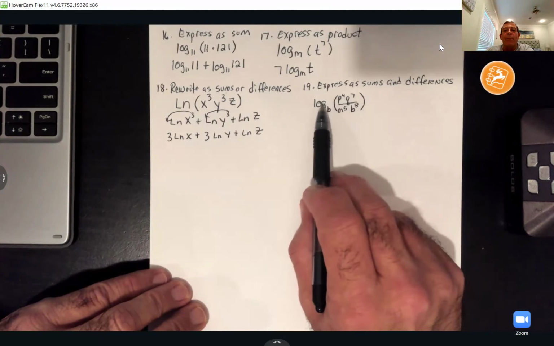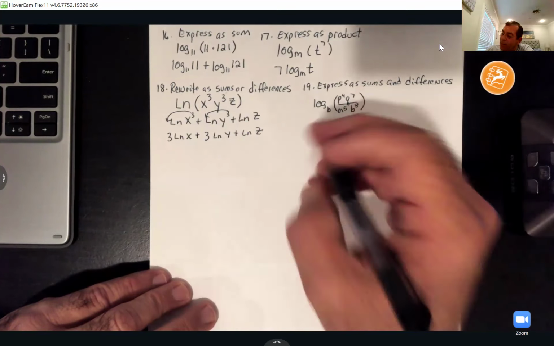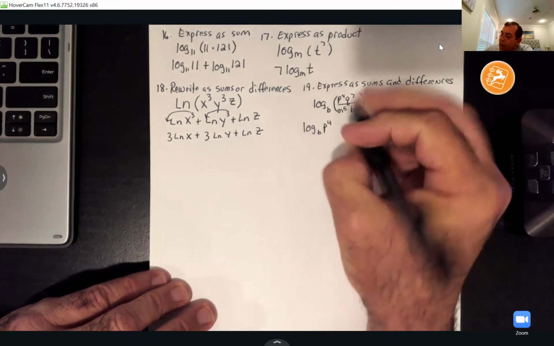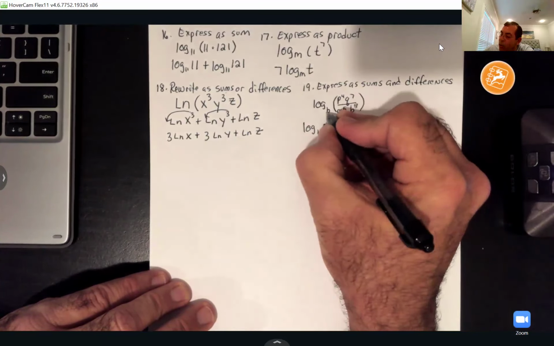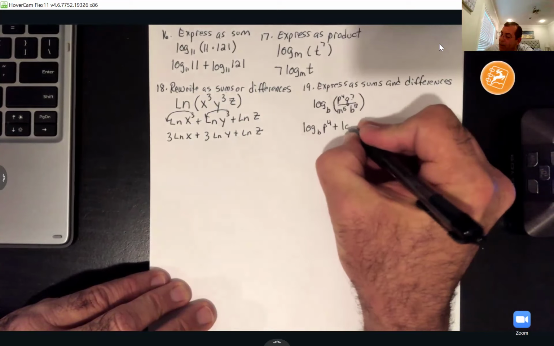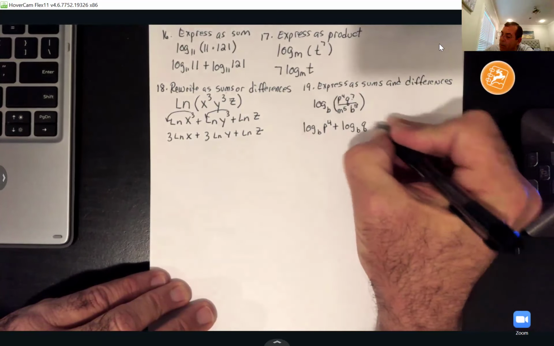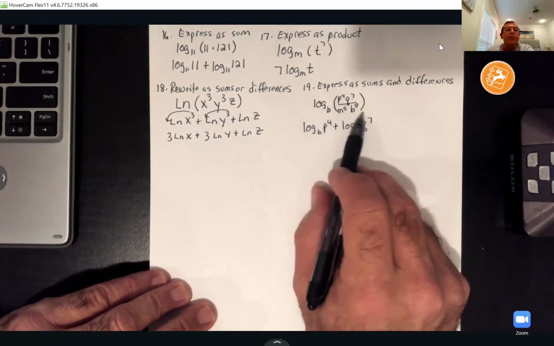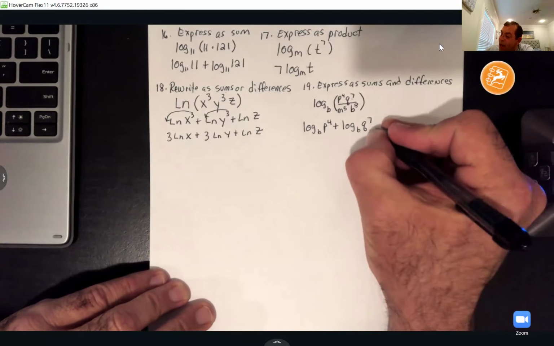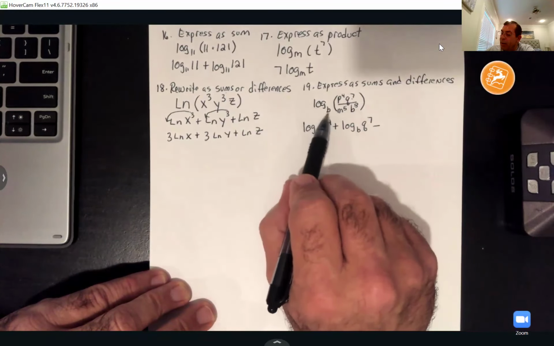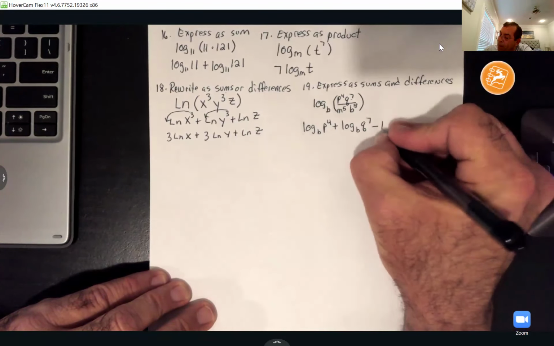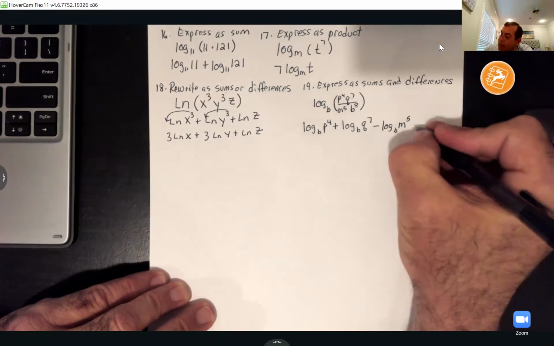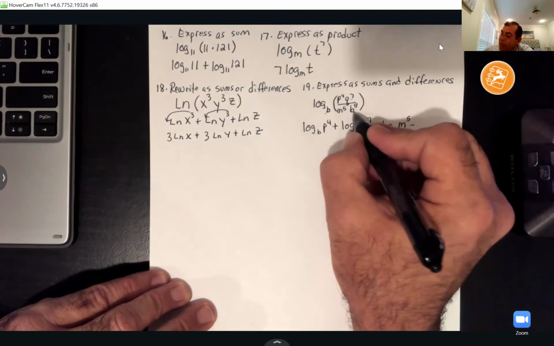So starting on top, I get a log b of p to the fourth plus a log b of q to the 7th. So the two top factors are both positive. Now everything else is coming from the bottom. We're going to subtract them. A log b of m to the fifth, and then minus my log b of b to the 8th.